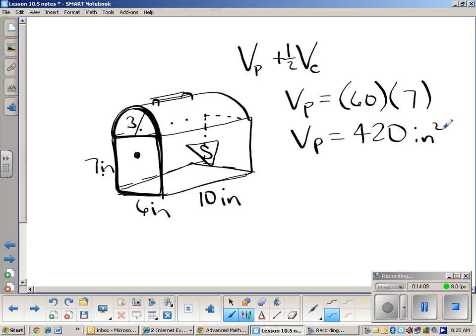square inches. Okay? Now the cylinder. How do you find the area of a circle? Pi r squared, and r is 3.